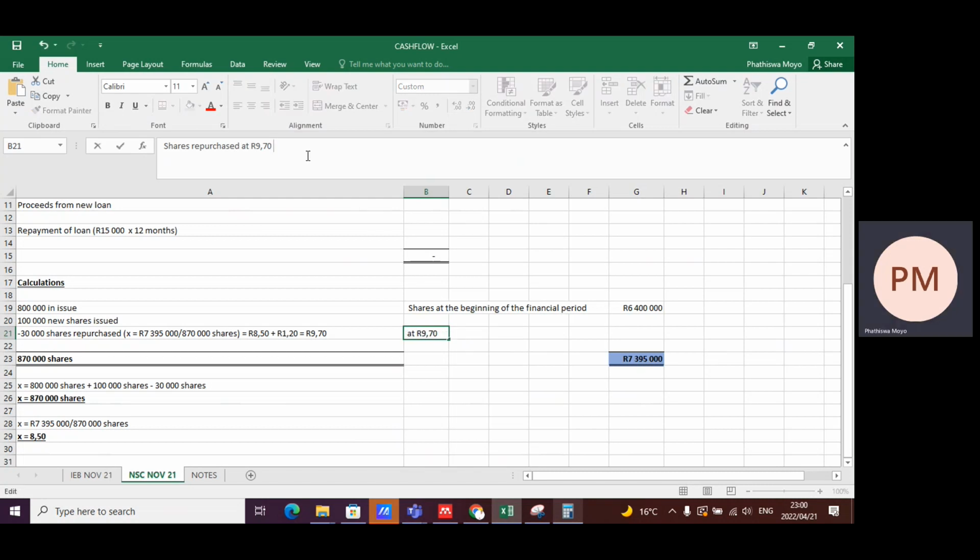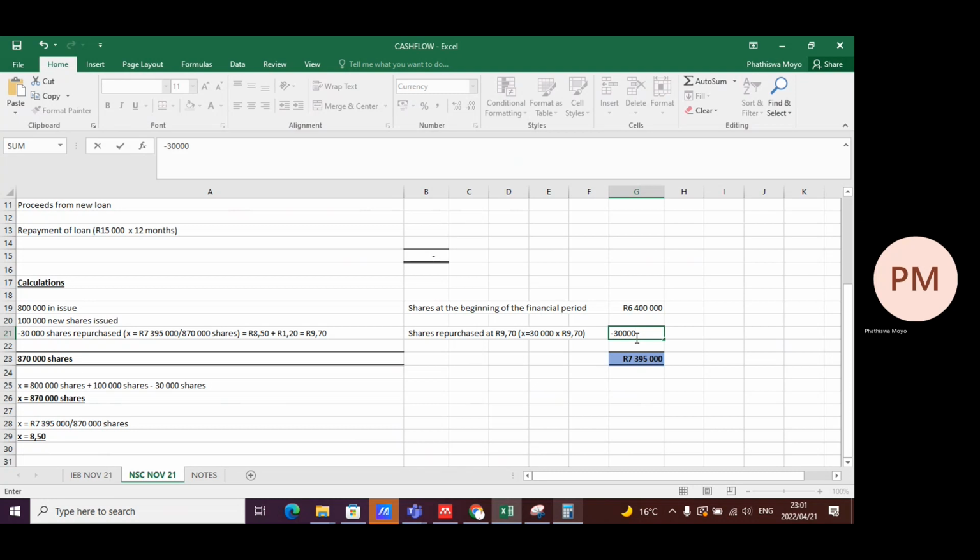And then show your calculations, guys. Method marks. If you show, you'll make it in this metric. So I think it was 30,000 shares multiplied by 9 rand 70, which is 291.